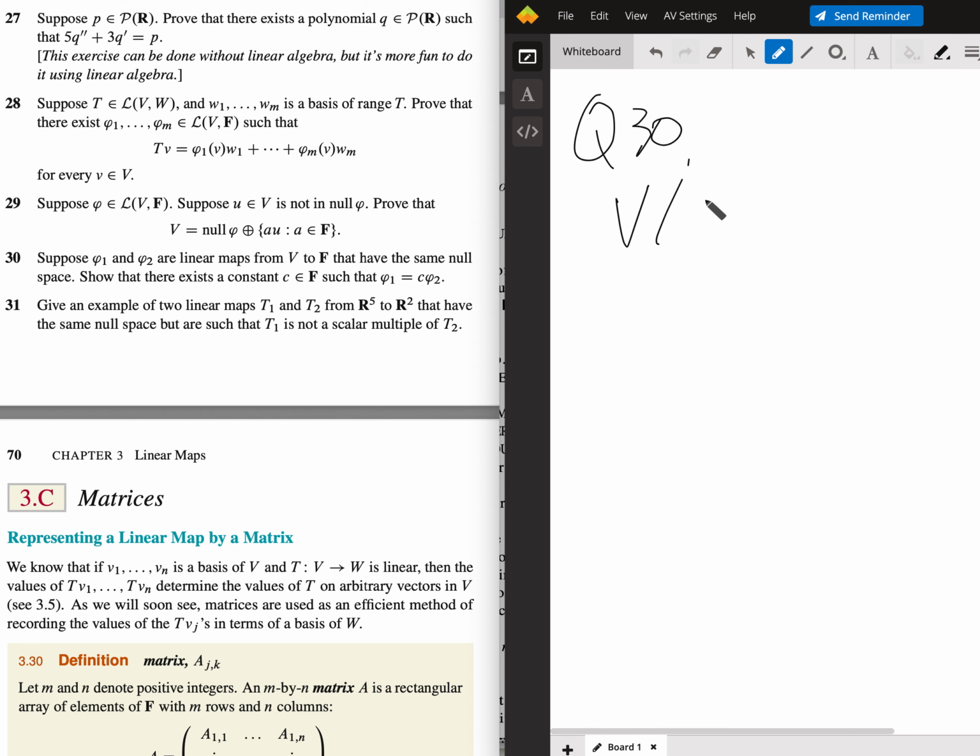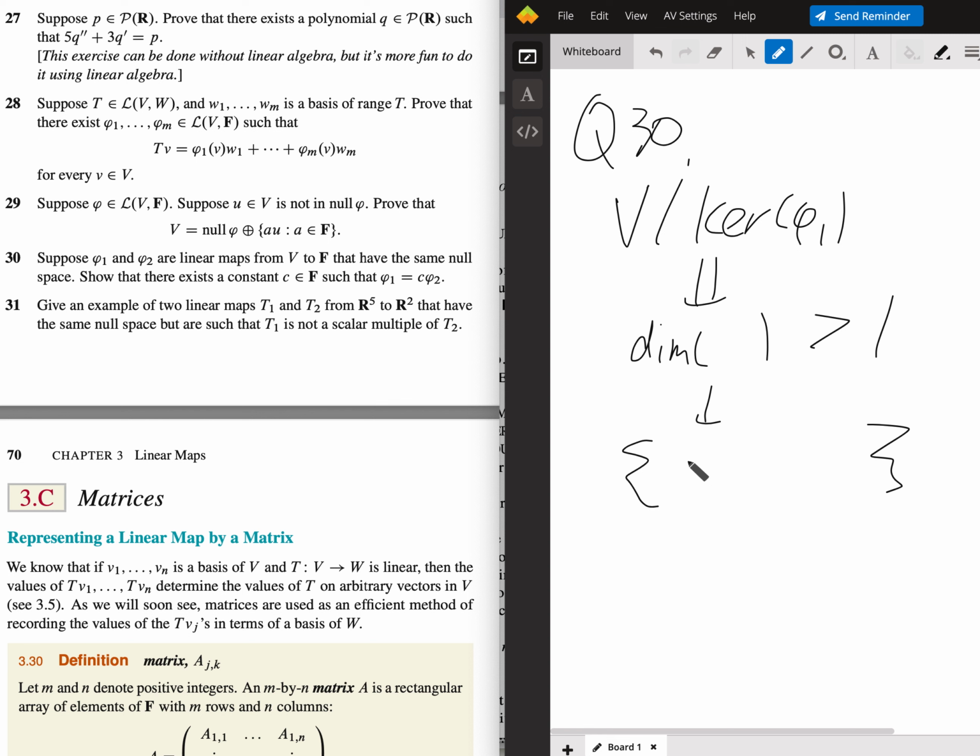Let's say the kernel of phi1 has dimension greater than 1. Then you can establish a basis of such a space, which will consist of, let's say, basis elements v1, v2 through vn. And pick arbitrary vi and vj such that i is not equal to j.